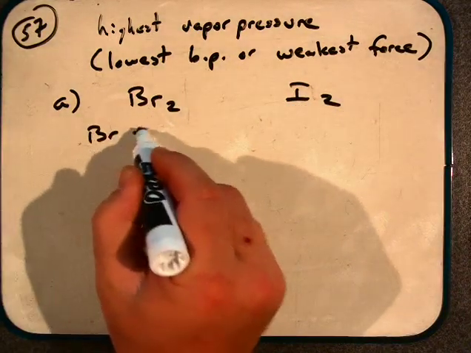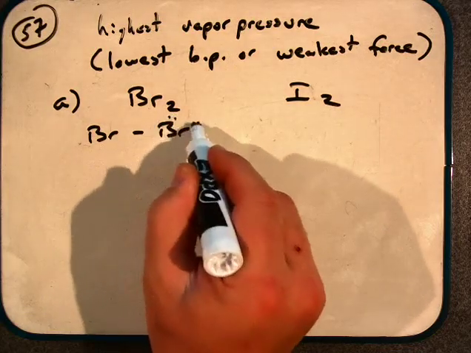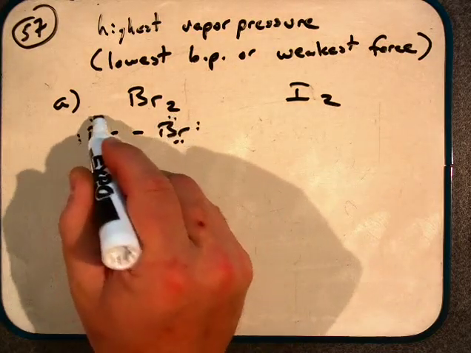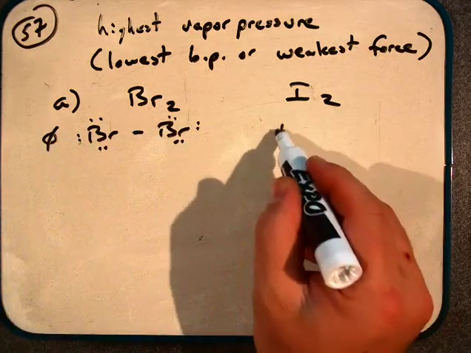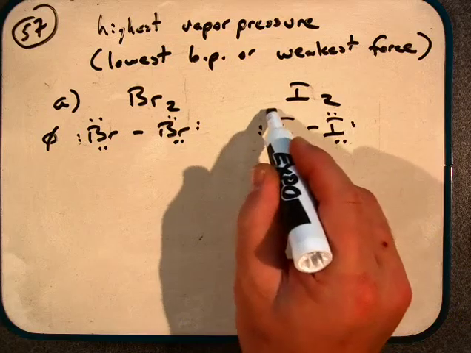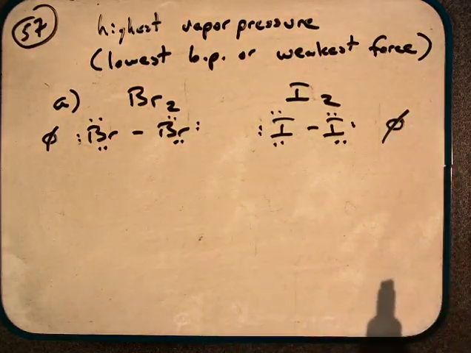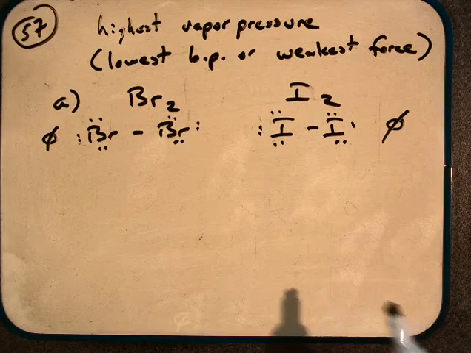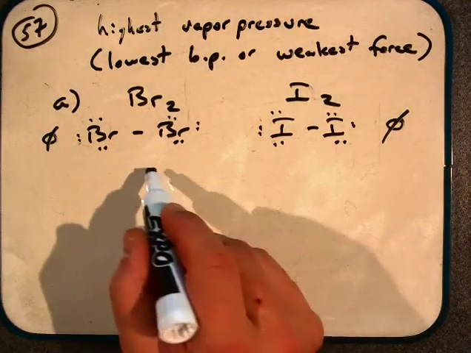Both of these are examples of dispersion forces. Both of these guys have no molecular dipole. And so since they are the same type of force, it's really a question of molecular mass.